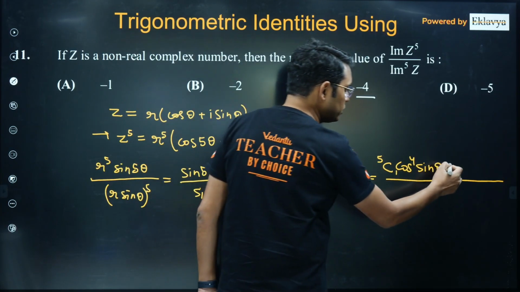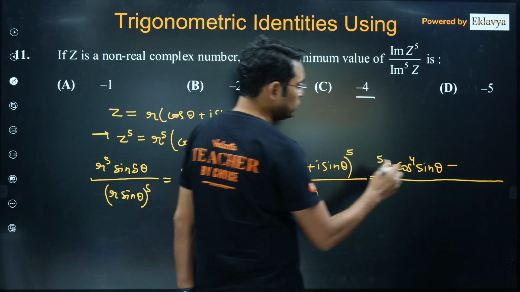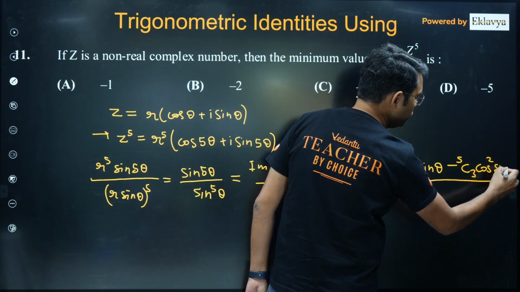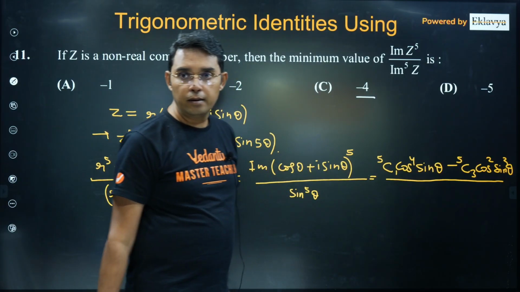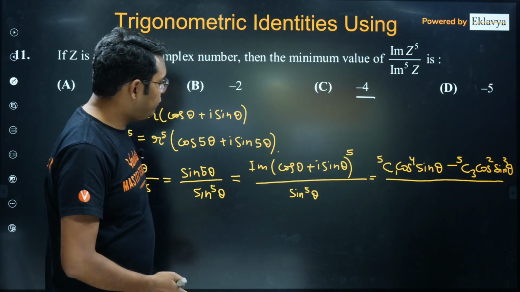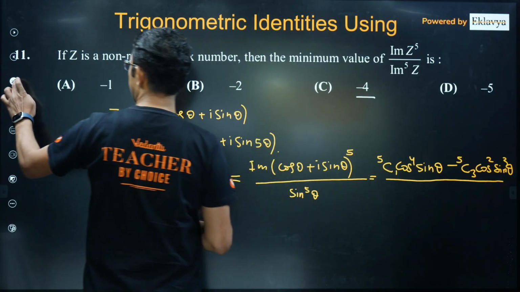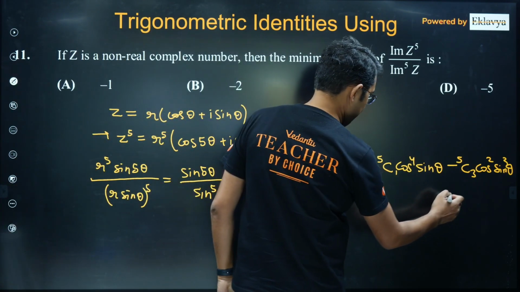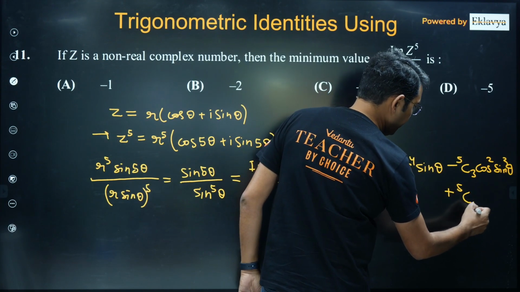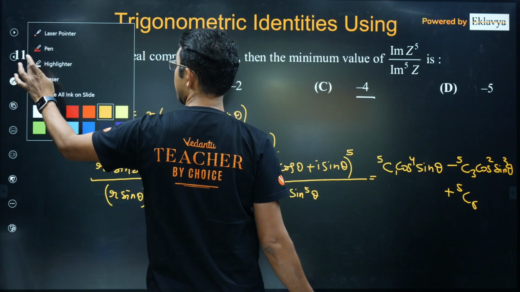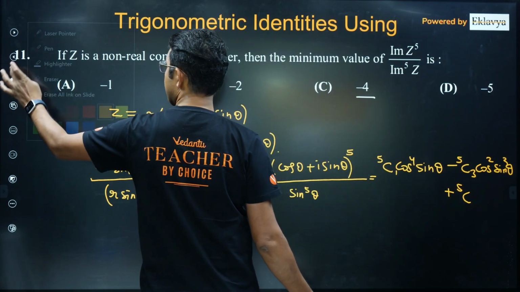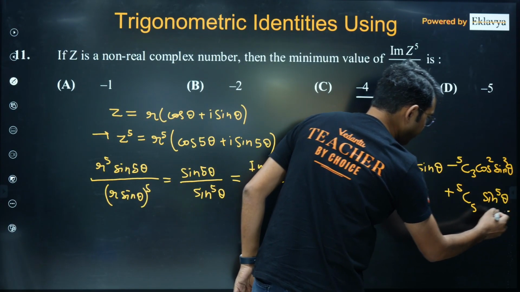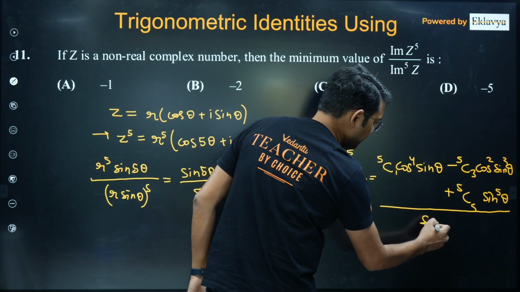Then there will be minus sign because sin cube, iota cube will be there. So 5c3 and cos square and sin cube theta. Then next would be sin 5 also, and that will come with plus sign. So 5c5 and sine raised to the power 5 theta, and whole divided by sine power 5 theta.